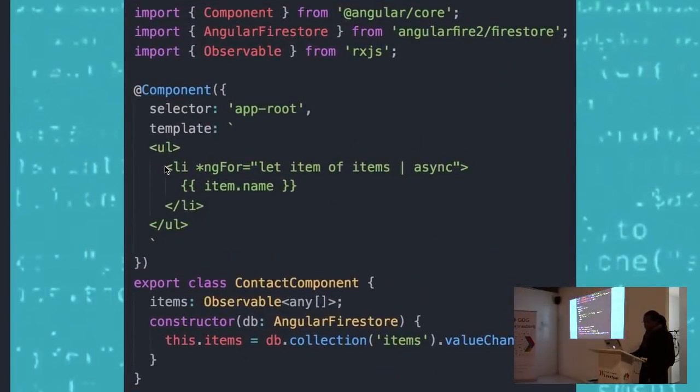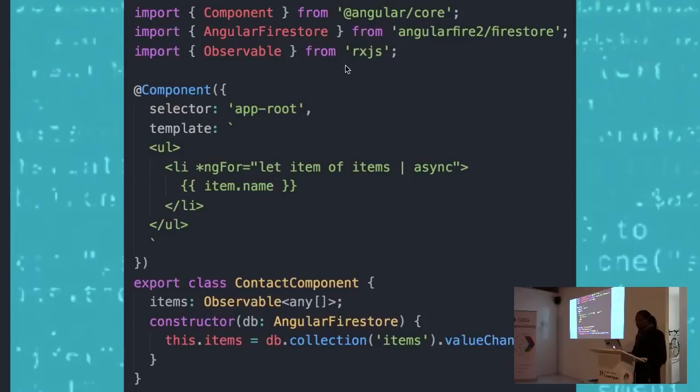Using it is pretty straightforward. If you've worked with TypeScript before, this is what it looks like. Angular, by the way, is also written in TypeScript, which gives you strongly typed powers to make sure your code is resilient. So to get started with AngularFirestore, because it's RxJS based, you will have to have RxJS.